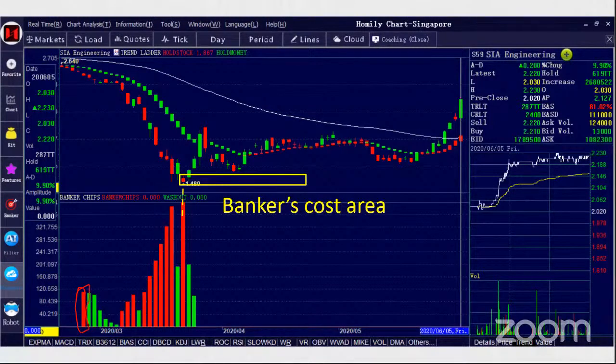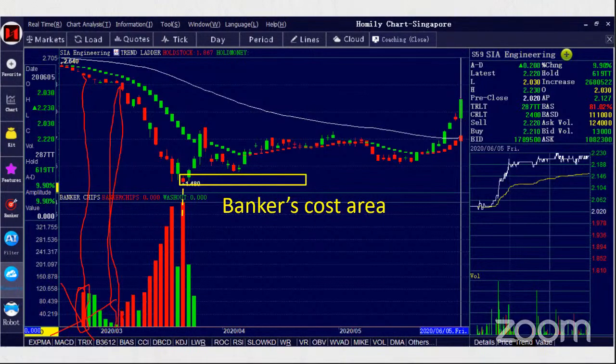So when you see that after the first red bar you have green bars, then the banker's cost area should be the high and low of that candle. But obviously it failed, because after that the price never stood above the top of the candle corresponding to this red bar of banker chips. So this time means failed, no need to check it.